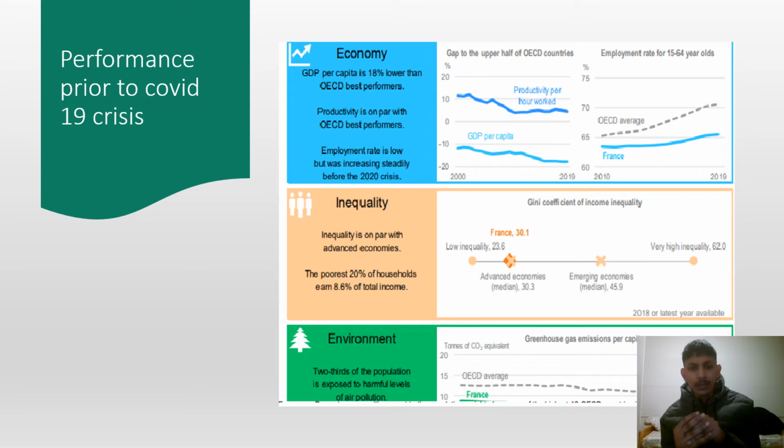On the other hand, the employment rate is low, but was increasing steadily before the 2020 crisis. Next is inequality. You can easily see that inequality is on par with the advanced economies. The poorest 20% of households hold 8.6% of total income.